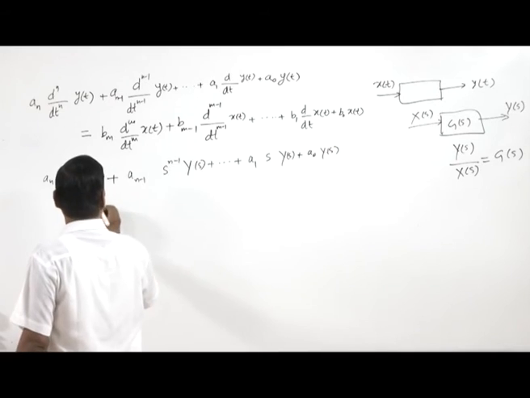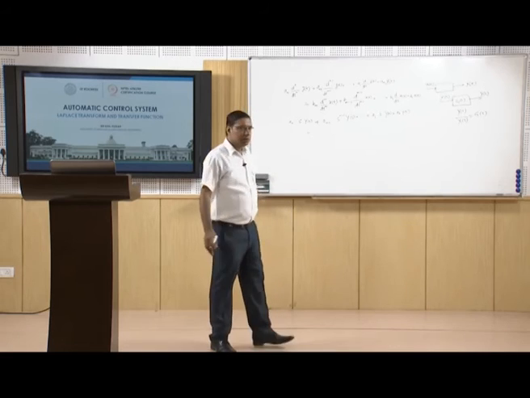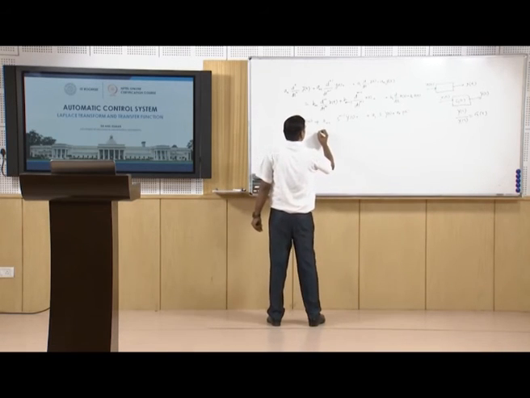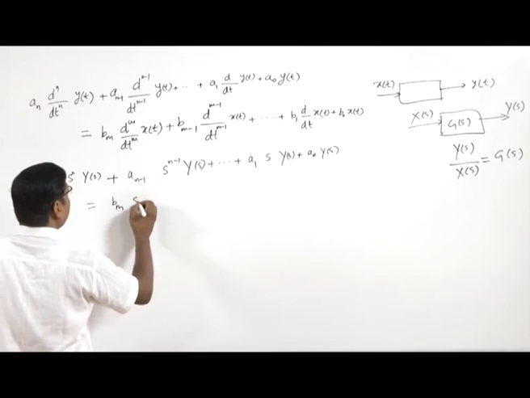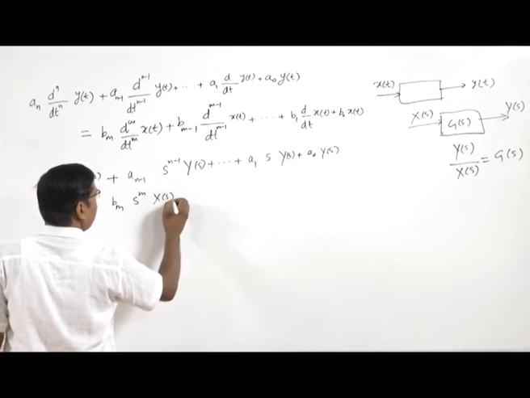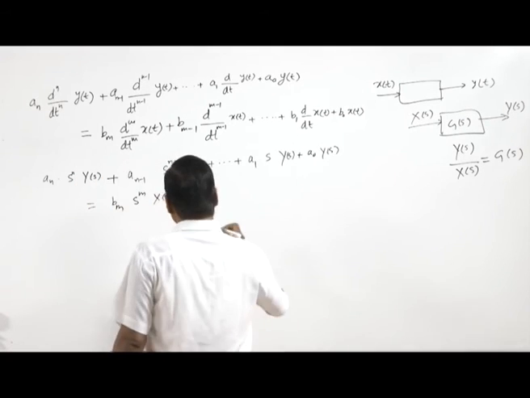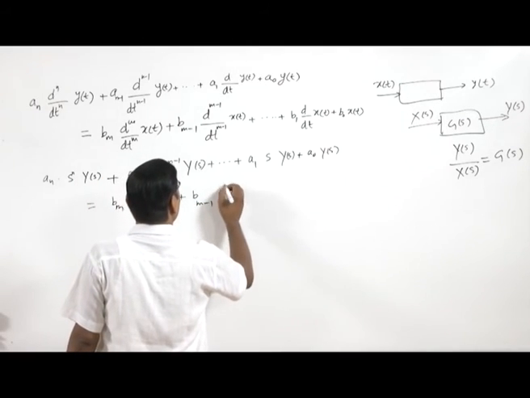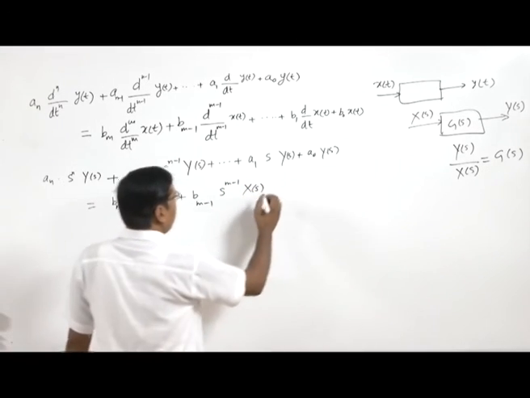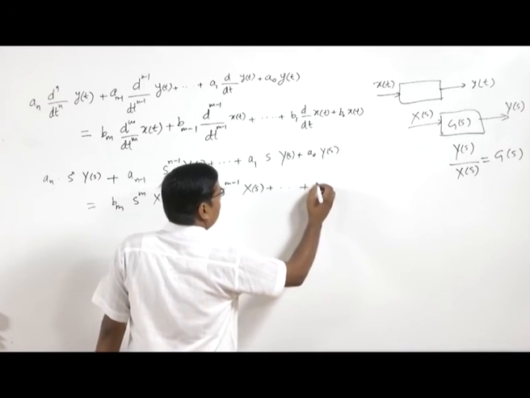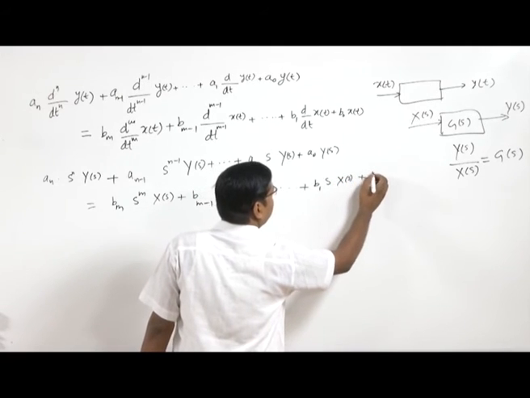and this is equal to, similarly on the input side of the differential equation, b_m s^m X(s) plus b_(m-1) s^(m-1) X(s) plus b1 s X(s) plus b0 X(s).